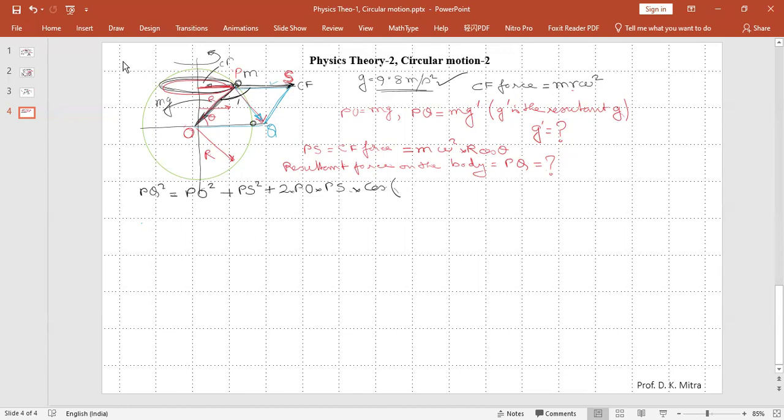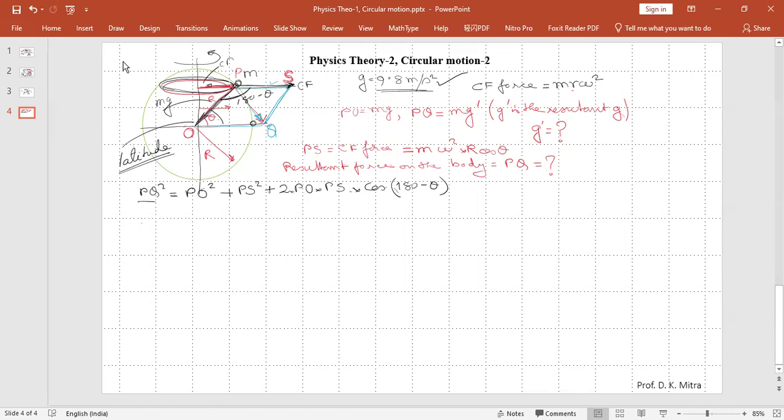If this is theta, this is 180 minus theta. Cos of 180 minus theta. By the way, possibly you know from your school level geography knowledge, this angle theta is also called the latitude of that place. For example, latitude of the center of India, somewhere in MP, is something around 23, 24 degrees, right? So latitude is always available from the geography.